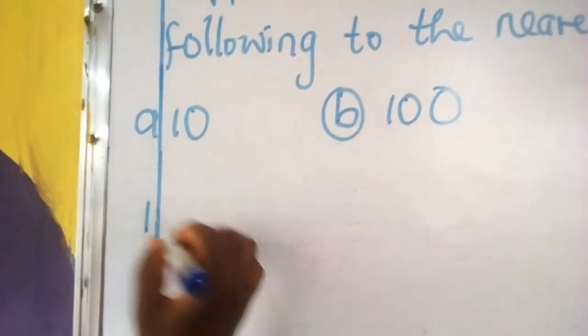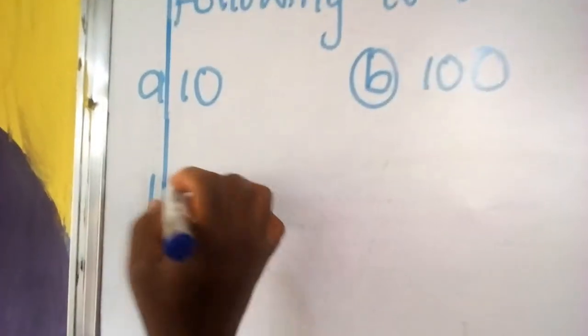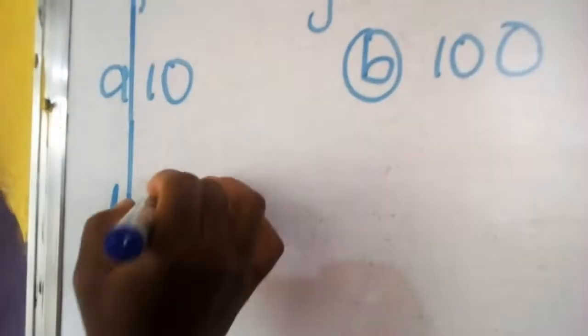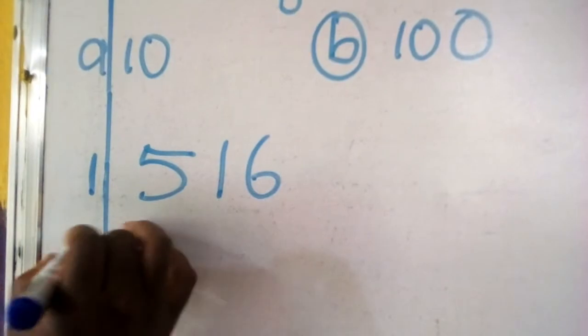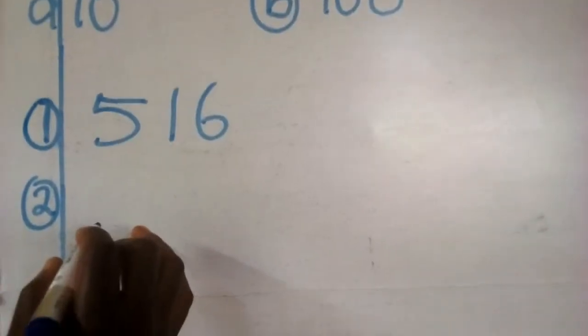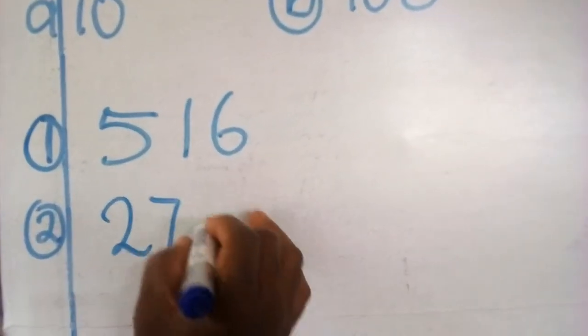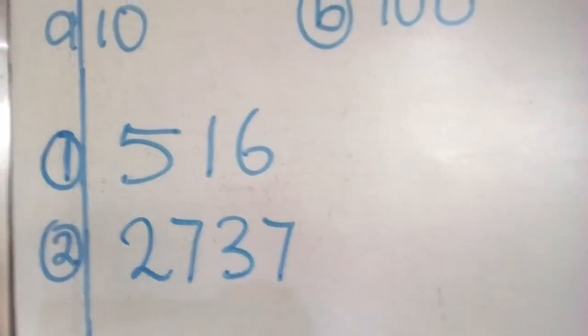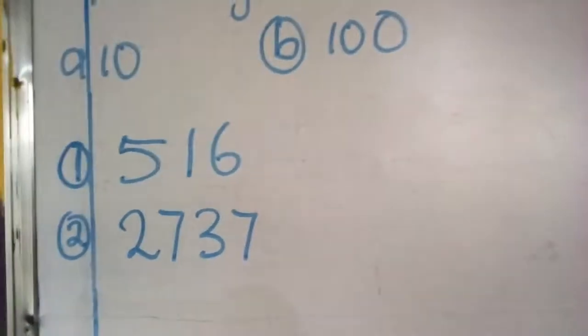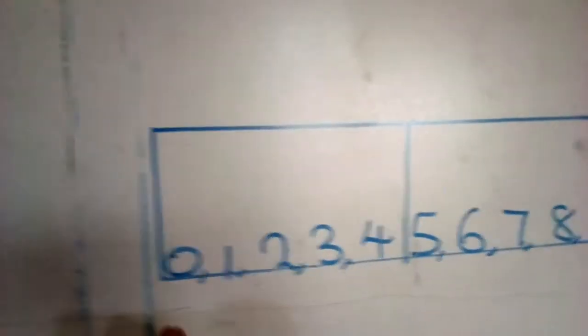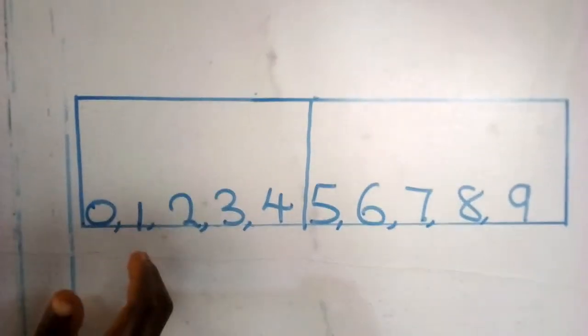Now let's look at the number we are rounding off. 516. And number 2, 2737.